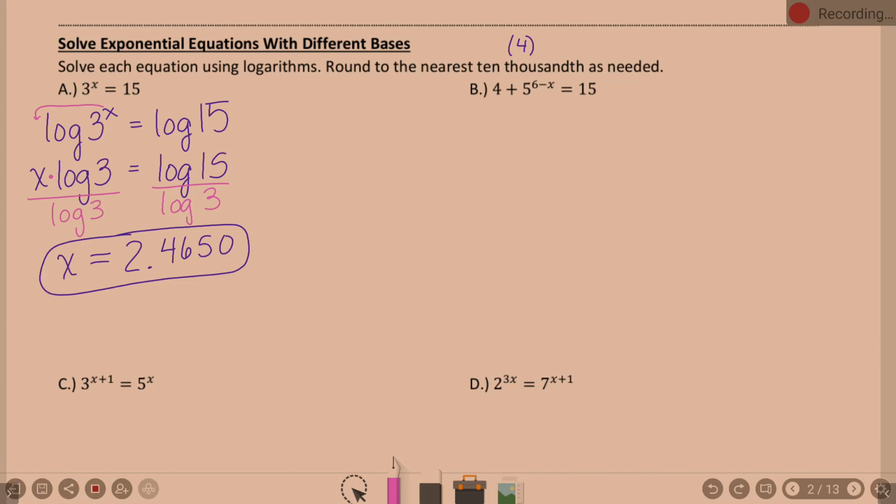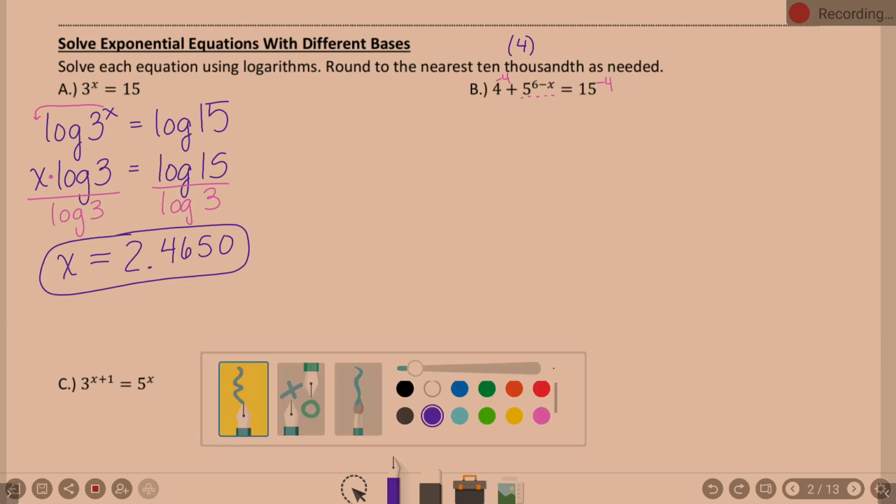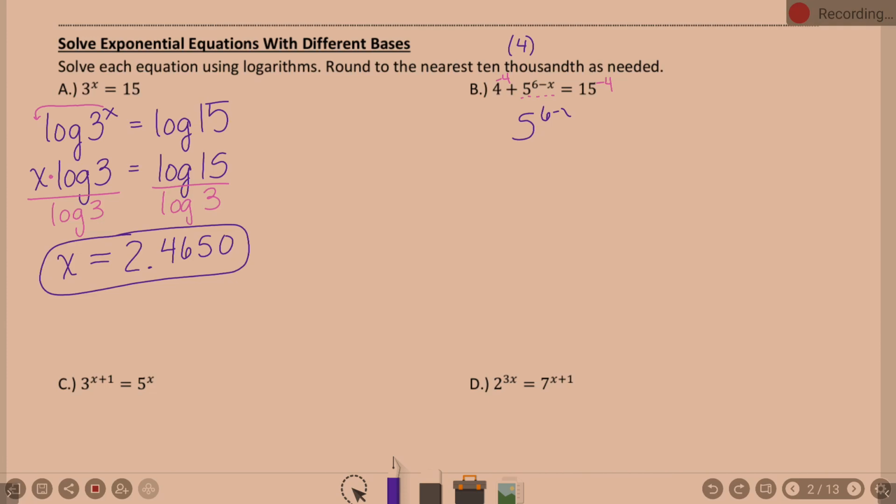Well, if I want to get the piece with the power by itself, I want to basically get the 5 to the 6 minus x by itself. Subtract the 4 over. Since it's a positive 4, we subtract 4. And so now I'm at 5 to the 6 minus x equals 11.